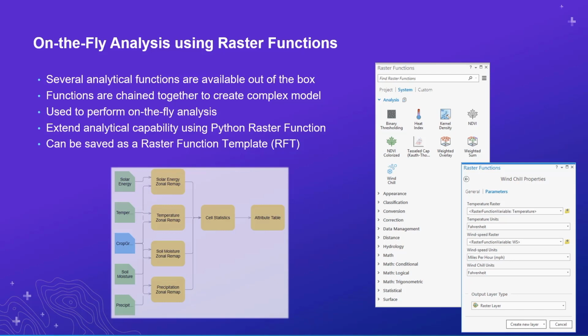Of course, it will do on-the-fly analysis so that you don't have to save the dataset. It extends your analytical capability immensely. If you want, you can save it as a raster function template to give to your colleague or friend, or use it for future analysis like any other out-of-the-box function.